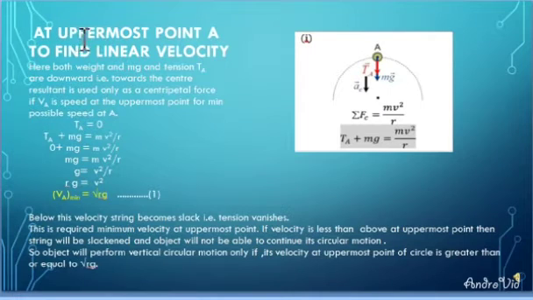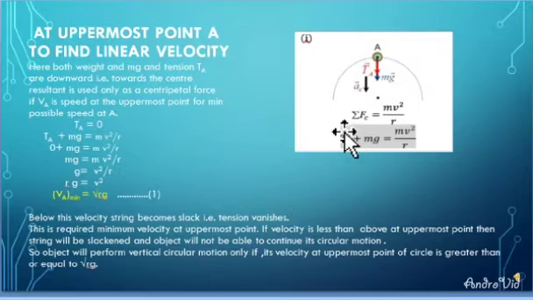Let us consider what happens to the velocity at the uppermost position. Velocity at position A, we will say VA. Here weight mg and tension T both act downward, that is towards the center. So the resultant is used only as the centripetal force, since centripetal force is towards the center. For minimum velocity, tension TA is equal to 0.